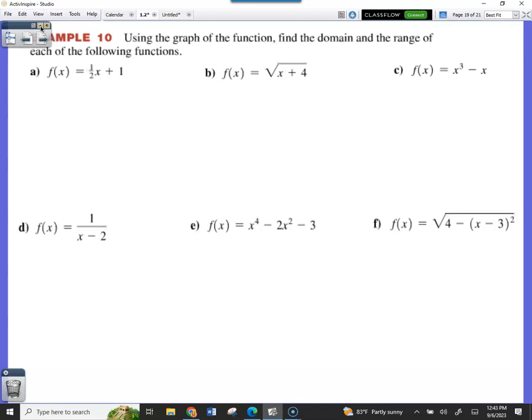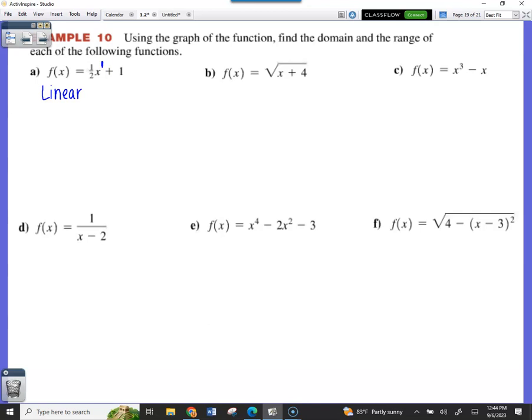How do you know it's linear? It's y equals mx to the first power plus b, right? When it's y equals mx plus b, then it's linear. And if it's linear, then what did we say is the answer every time? All real numbers.